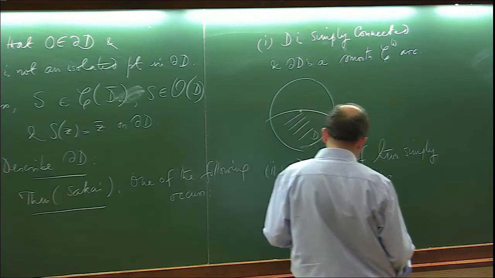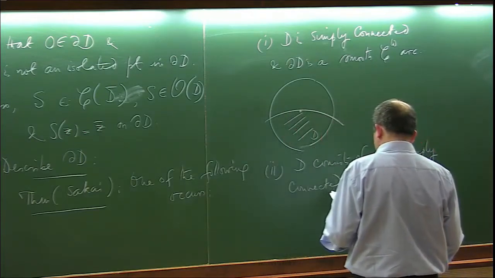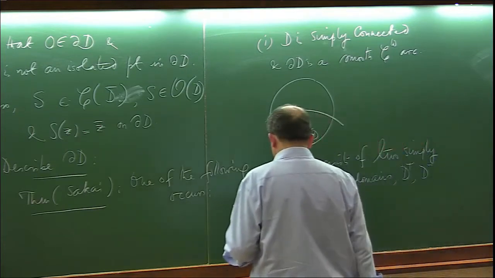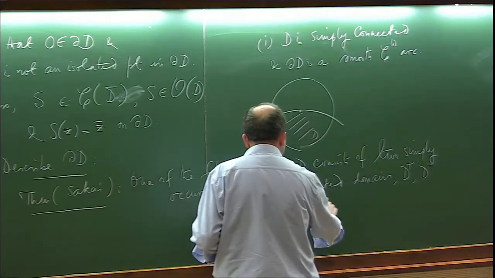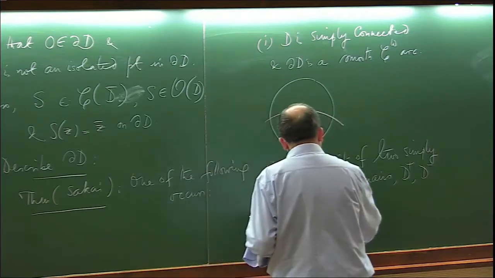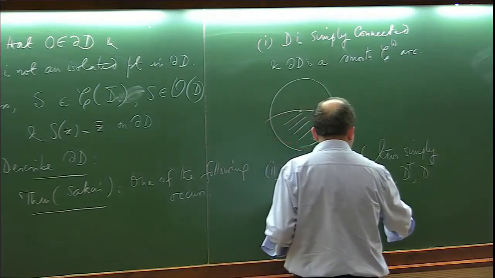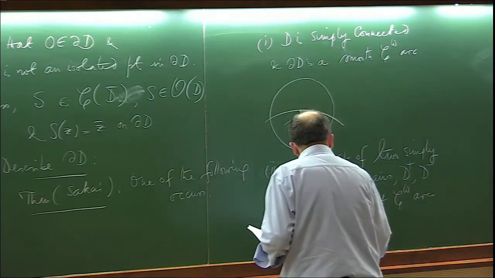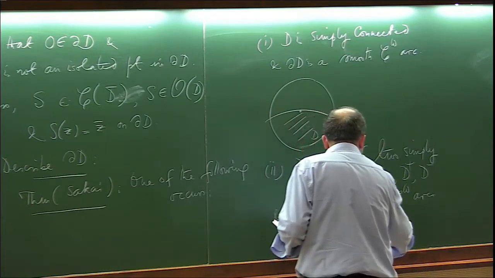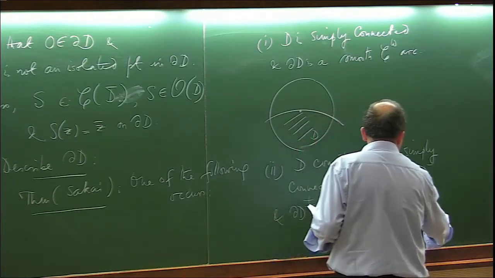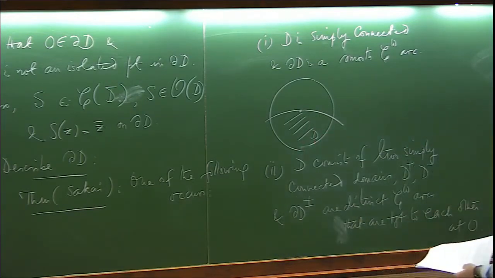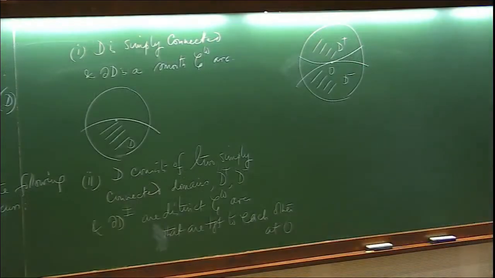So there are two pieces, say D plus and D minus, and the boundaries of D plus and D minus are distinct smooth real analytic arcs that are tangent to each other at the origin. This is the other possibility.